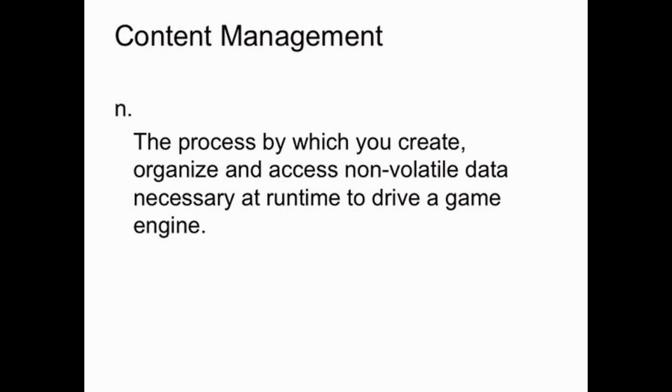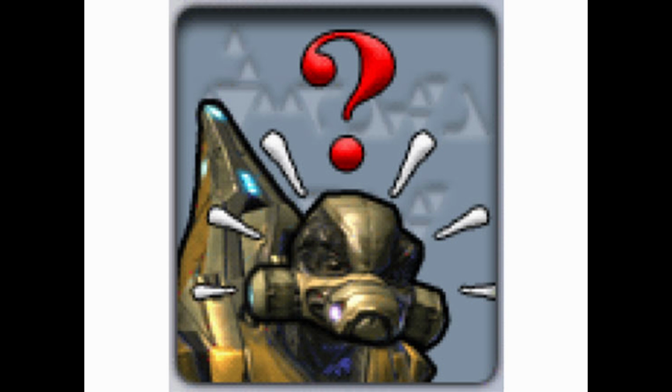So what is content management, aside from the point of this whole talk? Content management is a process by which you create, organize, and access non-volatile game data necessary to drive a game engine. In simpler terms, it's how you programmatically manage game assets. Now, for Halo, we are fortunate enough to have a system in place to handle all our resource management called the tag system.